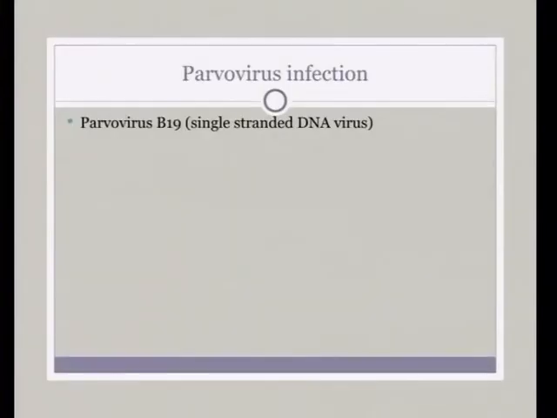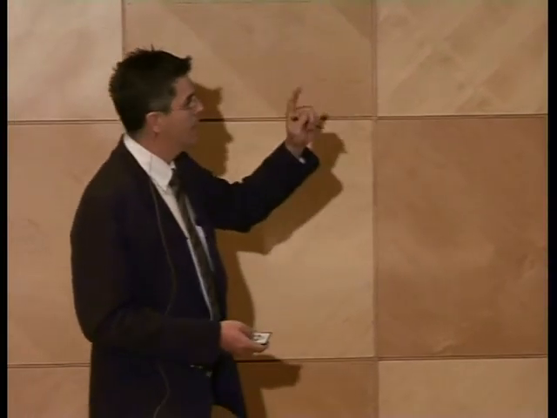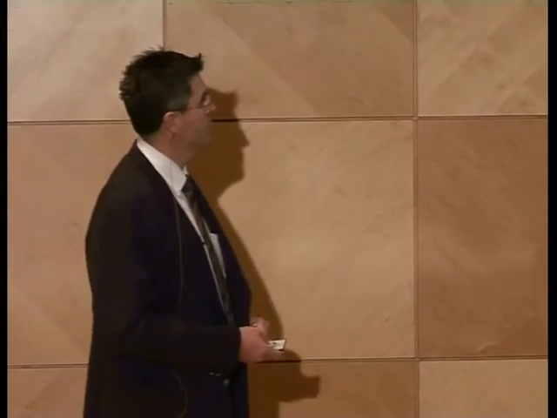Now, parvovirus infection on its own, we know that it's a single-stranded DNA virus, usually gets patients infected through the respiratory tract, and invades the erythroids through the P group antigen. So you have different blood groups. It's not only ABO and Rh. There are lots of different blood groups, about 28, 30, and P blood group is one of them, and that gains access to this parvovirus infection.